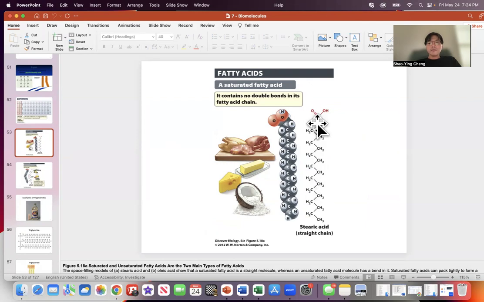When you have all saturated fat, and you have three of them in a triglyceride, their structures are all the same. So they can pack together pretty well. When they pack together, at room temperature, usually they are solid. So saturated fat, like usually animal fat, at room temperature is usually solid.